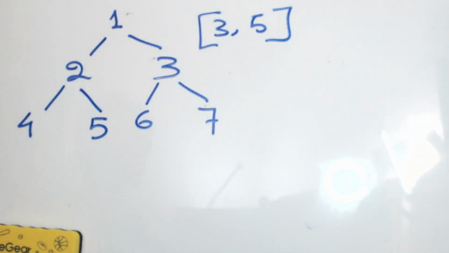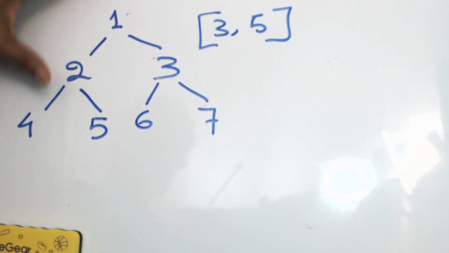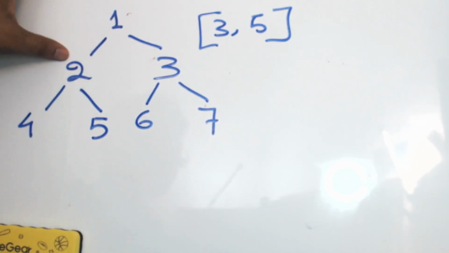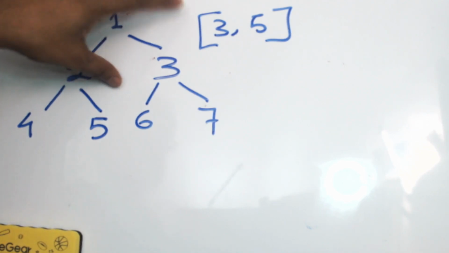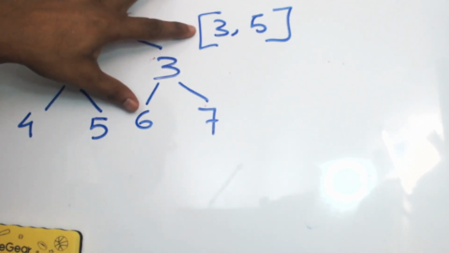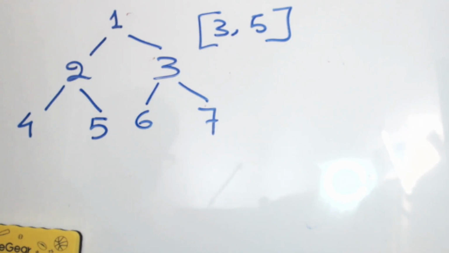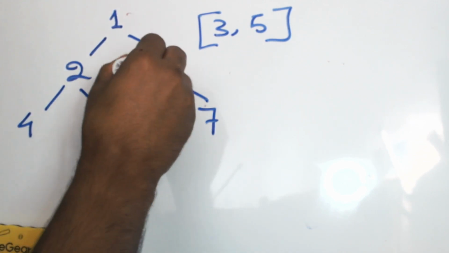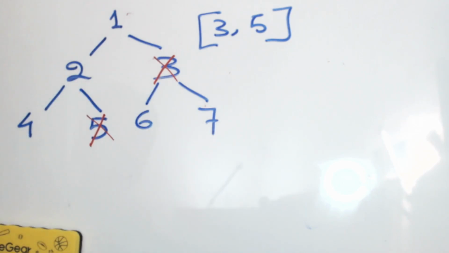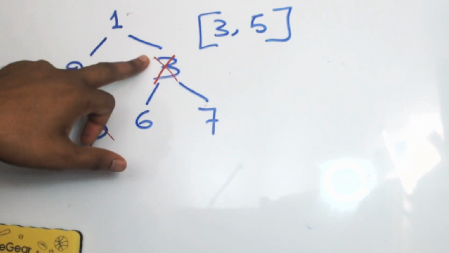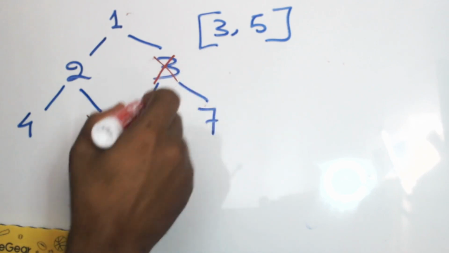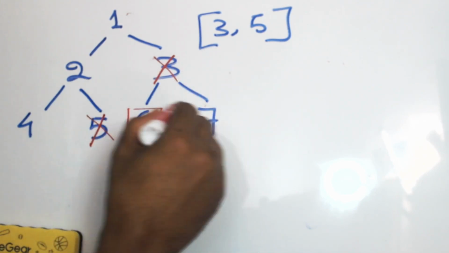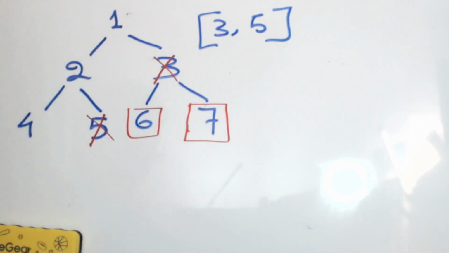So as per the question, we're going to traverse through the nodes, and whenever we find a node that matches our to delete list, we have to delete that node. For example, in this particular tree, we have to delete 5 and we have to delete 3. Now, if we delete 3, we can mark it null, then 6 and 7 become their own nodes.